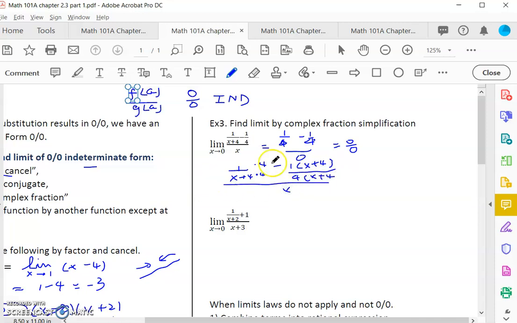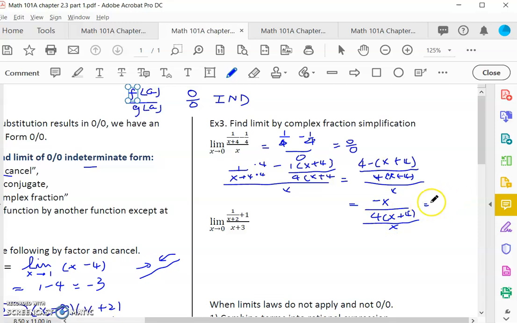This actually is used a lot in real limits. So we would have 4 minus x plus 4, over 4 times x plus 4, over x. And if you distribute, it would be negative x over 4 times x plus 4, over x.